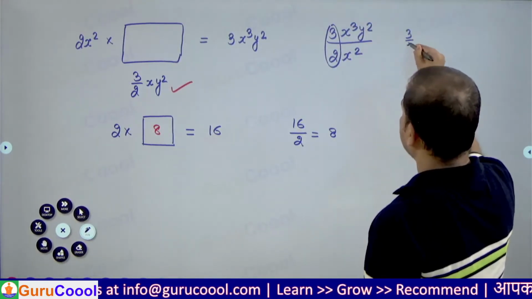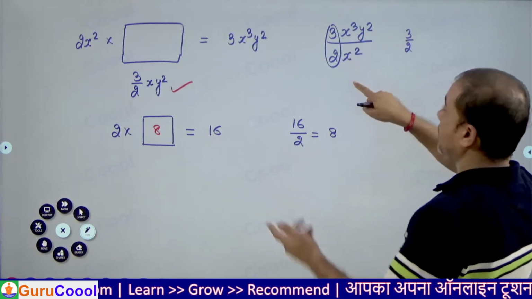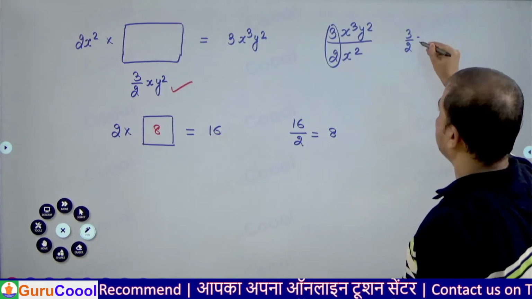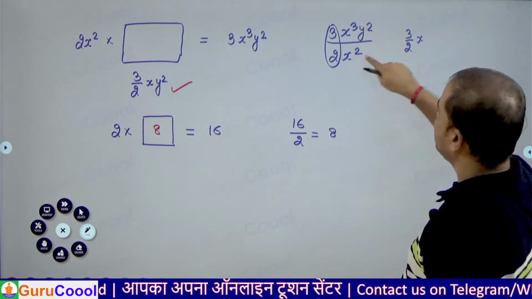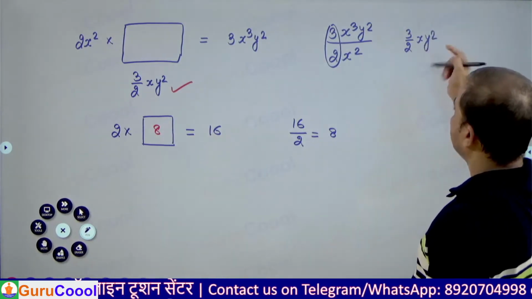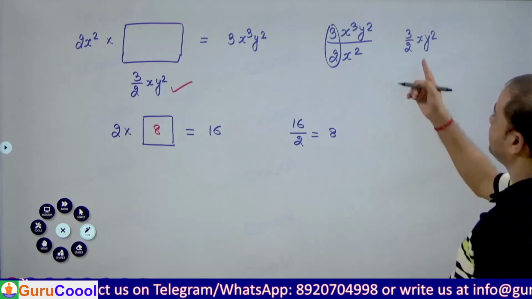X cube by x square, according to laws of exponent, 3 minus 2 can be done. So x will come, power 1. And y square will remain as it is. That's the answer, 3 by 2 xy square.